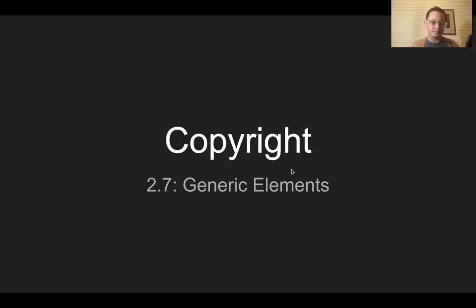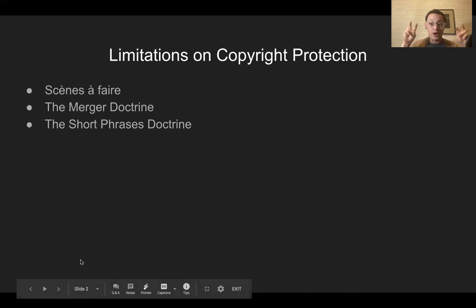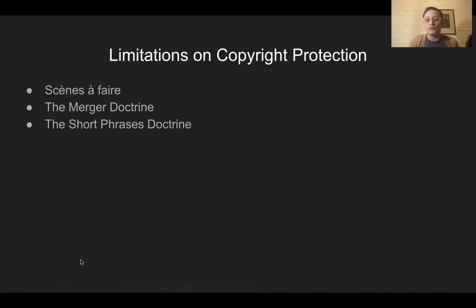In addition, they may use some expressions that are conventional within the genre and are familiar to people and not necessarily the kinds of expressions that we want to see protected by copyright. So copyright has developed a set of doctrines that courts use kind of like heuristics to identify elements of works of authorship that aren't properly the subject of copyright protection.